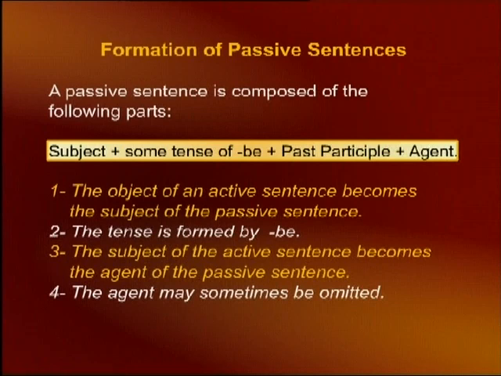Number 2, in the passive sentence, the tense is formed by the be form of the verb. Number 3, the subject of the active sentence becomes the agent of the passive sentence. And number 4, in a passive sentence, the agent or the doer of the action may sometimes be omitted.